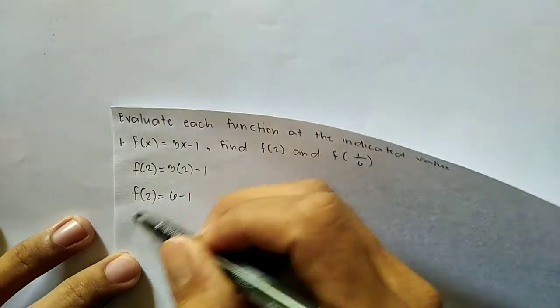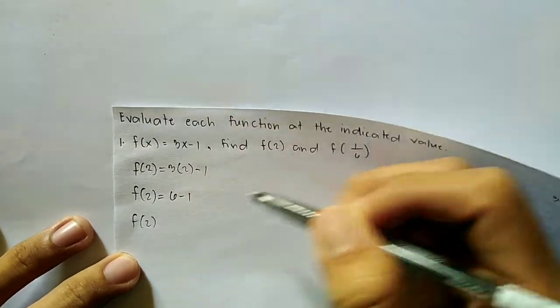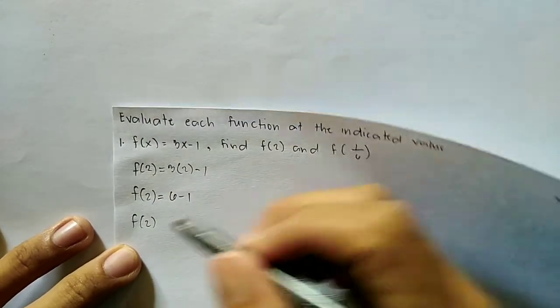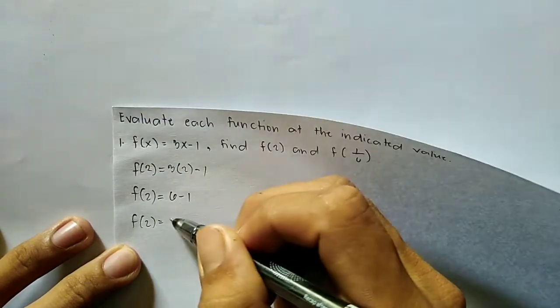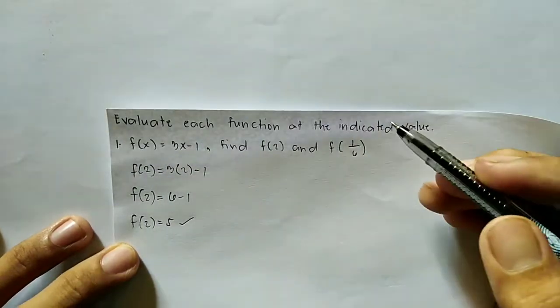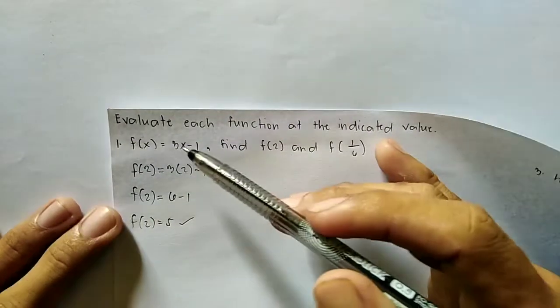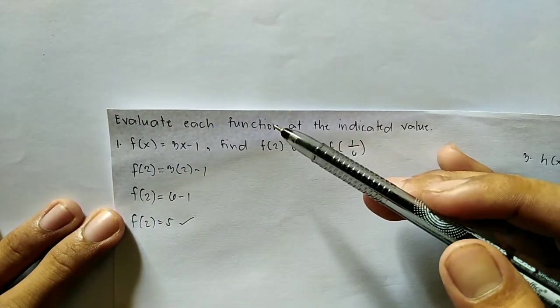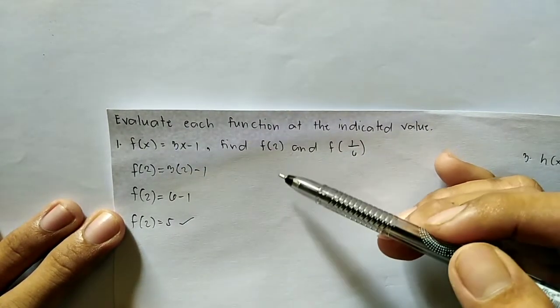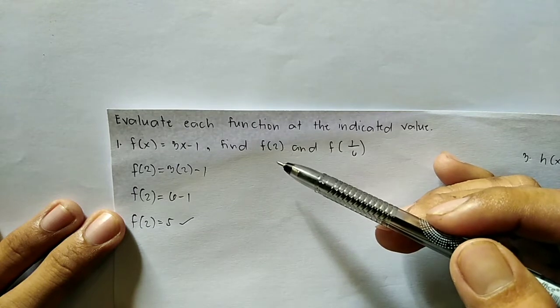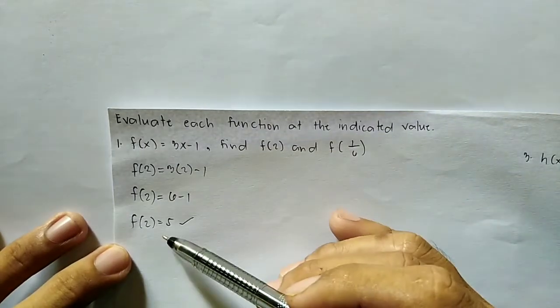So f of 2 is 6 minus 1, that is 5. This is already the answer. After we evaluate the function f of x equals 3x minus 1, given that x is 2, the value is 5.